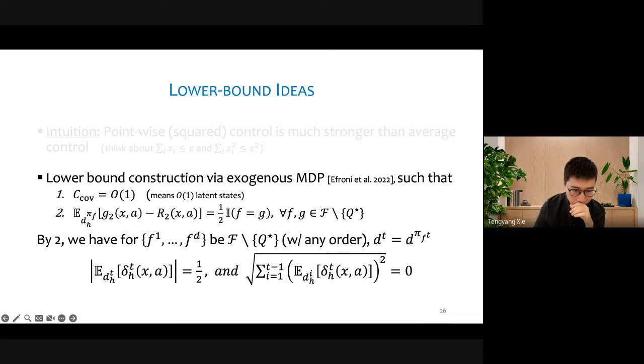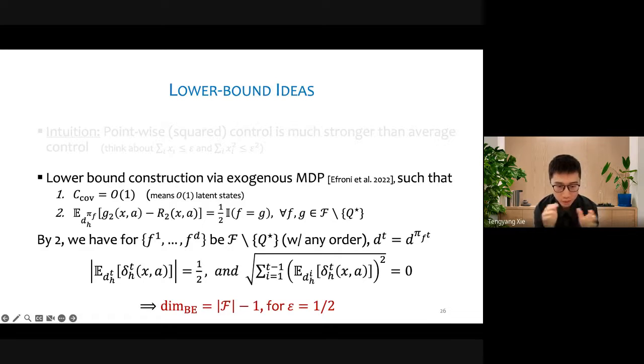And this means for epsilon equal to 1/2, the Bellman-Eluder dimension can be exponentially large.